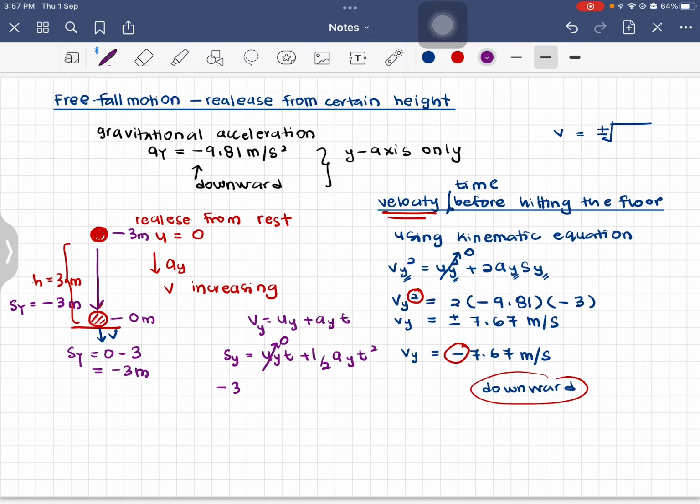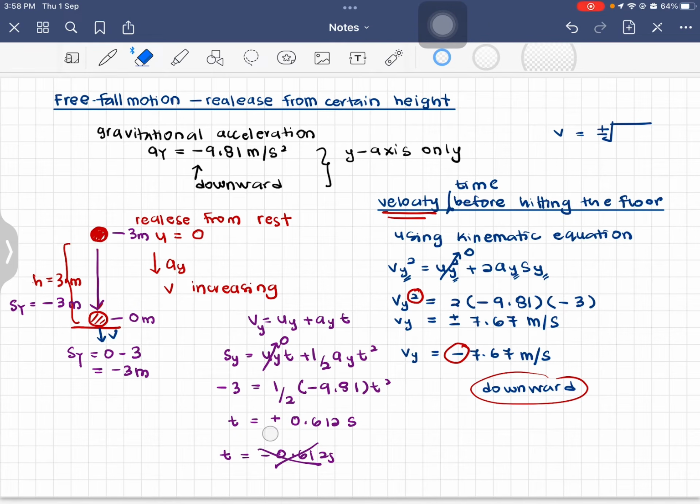My Sy is negative 3 equal to half, Ay negative 9.81, and t squared. Here too you will get t equal to plus minus, because it is t squared. When we take the square root, it becomes plus minus. You will get plus minus 0.612 second. For time, negative is not acceptable. We will consider the positive part only.